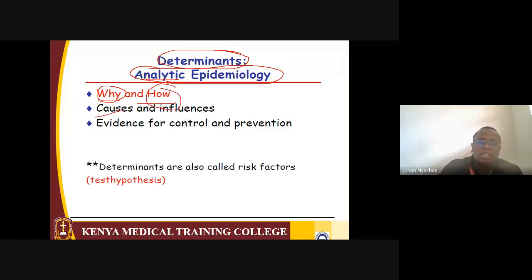We're talking about causes and influence. What causes a particular disease? How does it influence a particular disease? So also in the determinants is where we are talking about the evidence for control and prevention. So in analytical or determinants, we also refer to them as the risk factors.